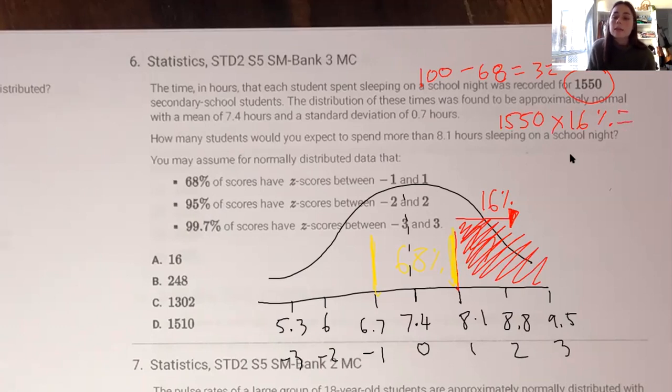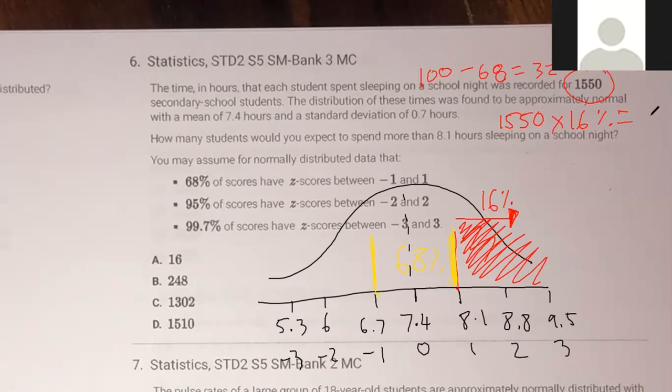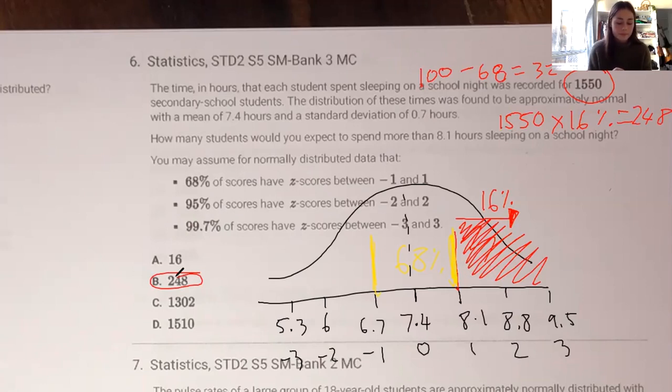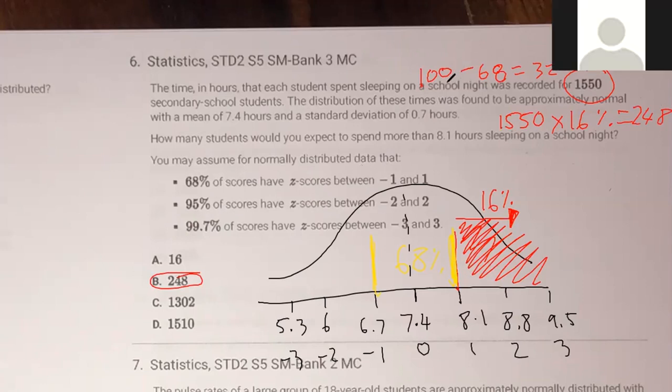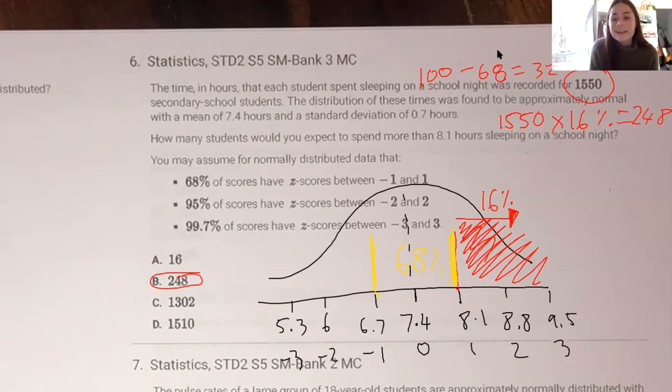Because in the previous answer, in question 5, we just left it as our percentage, but this time they've given us that number to turn it into 248. Is that the answer? That's not an option. Oh, you said 248. Sorry, I thought you said 100. Oh, no, 200. 238.